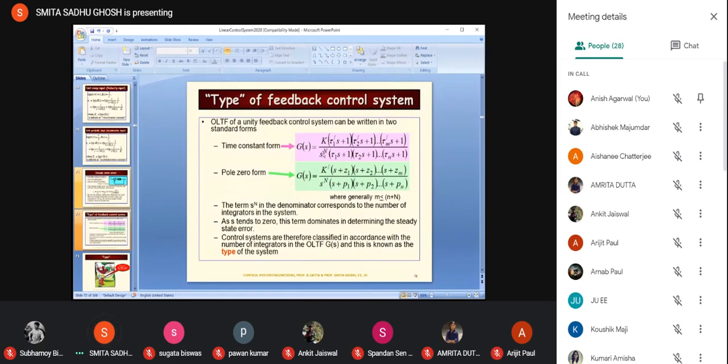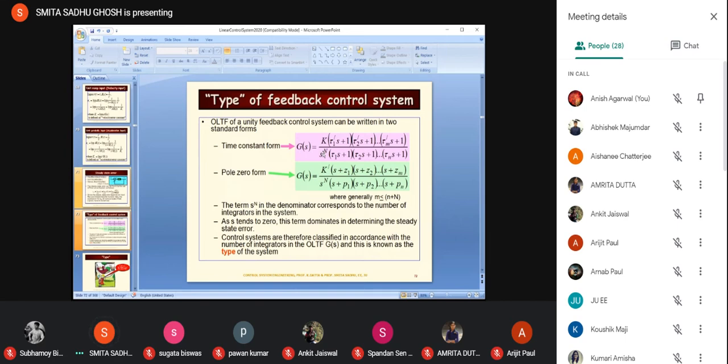Any system can be expressed in either of these two forms. Of course, linear systems is what we are speaking of, where the transfer function is of interest. They are interconvertible: you can express it in the time constant form or convert it into the pole zero form as per your requirement.